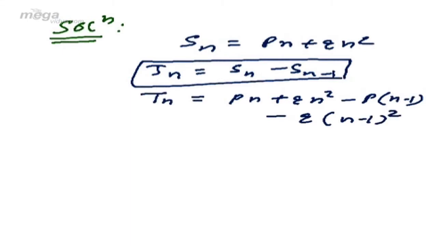It will be Tn. Suppose you want to find T1, you put n equal to 1. It becomes P plus Q minus 0, and this is also 0.